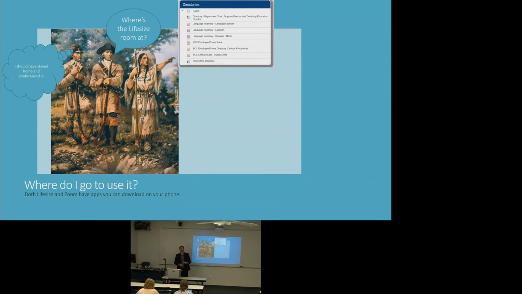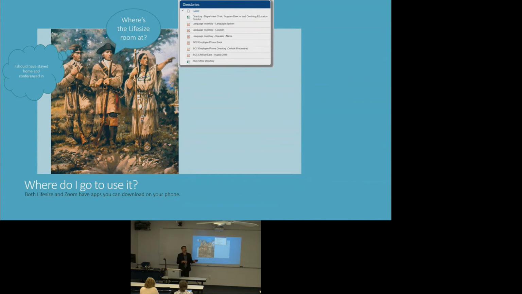With that being said, Lifesize also has an app, and it also has a lot of flexibility. This is going to be an argument about which is better, six of one or half a dozen. They're almost identical. The only main difference between Lifesize and Zoom in this scenario is that there's a physical room for the Lifesize equipment.